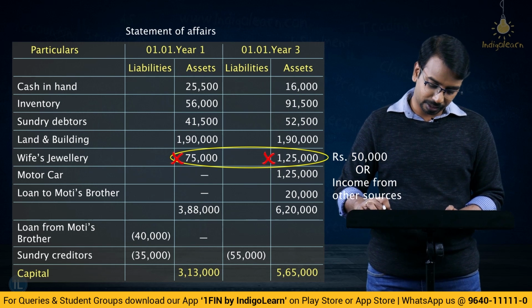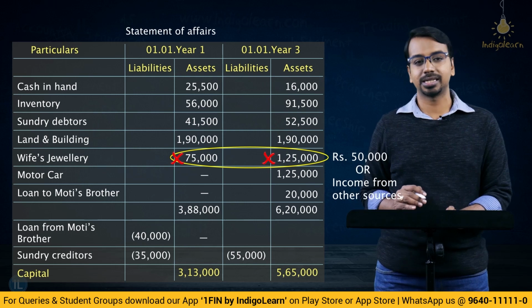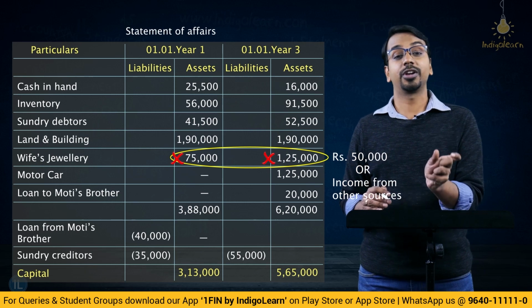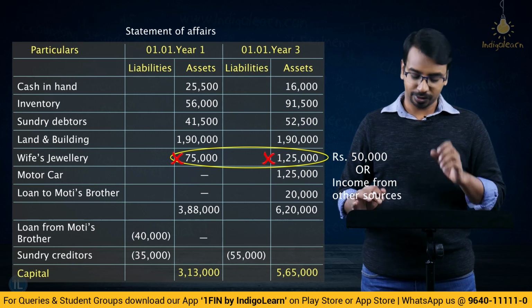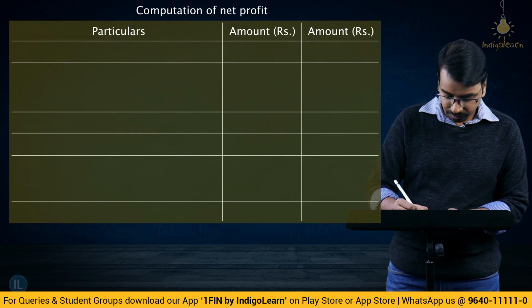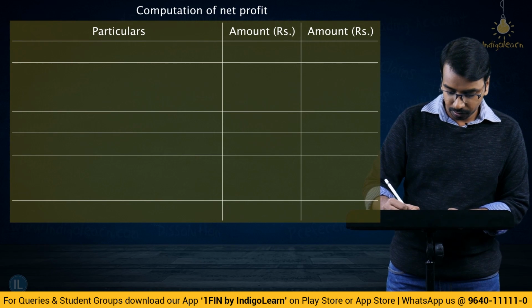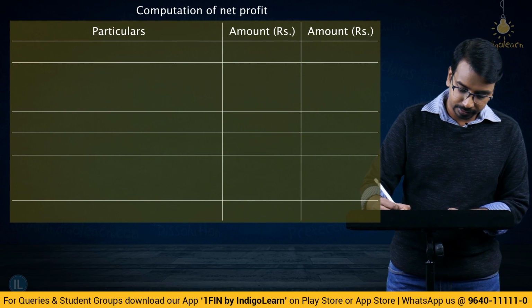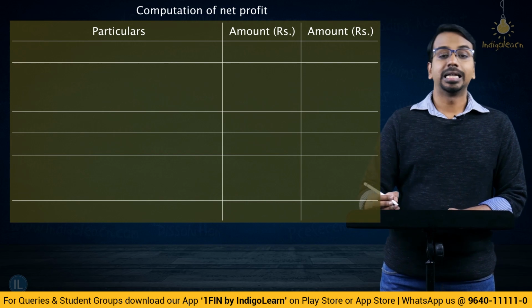Now you have capital balances of 3,13,000 and 5,65,000. Let us figure out what is the profit. Computation of net profit.